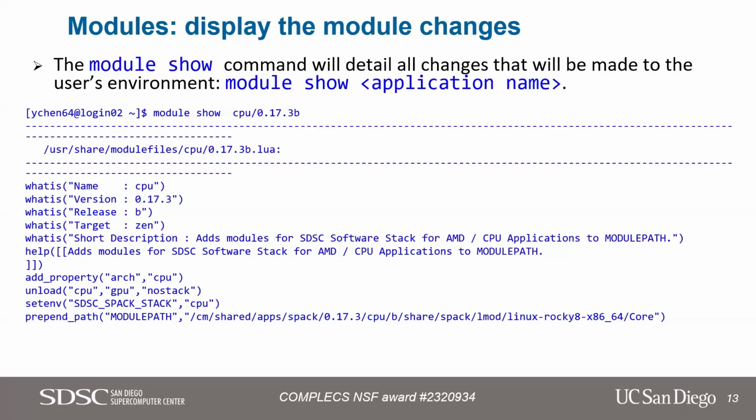For example, if we run module show cpu/0.17, then the output will tell us what this module is for, and which environment variables have been changed if we loaded this CPU module.